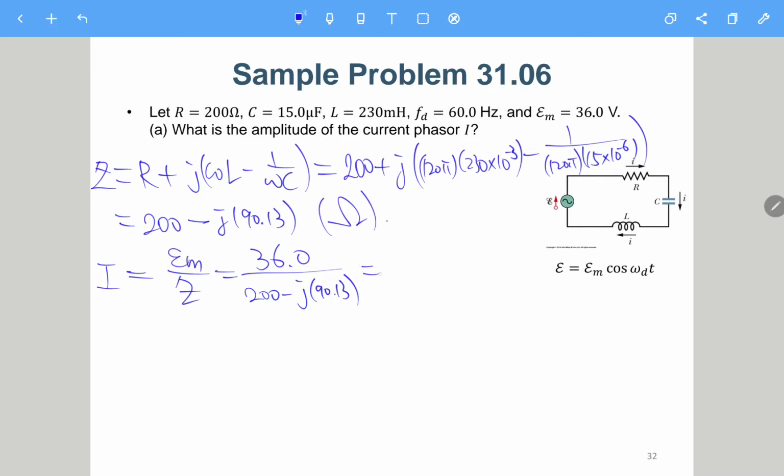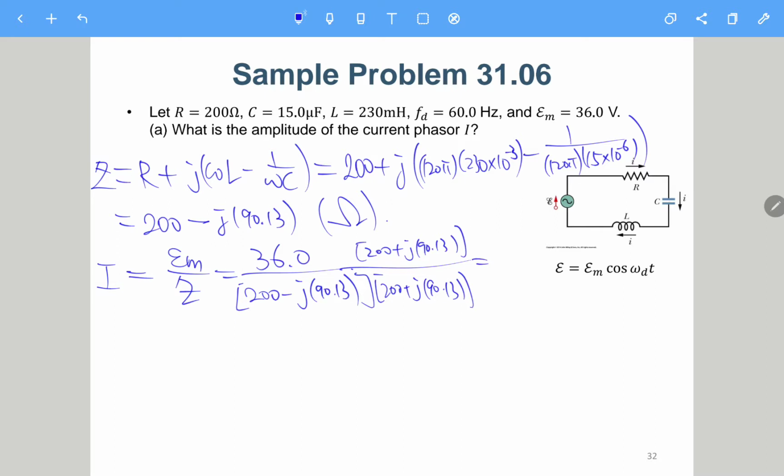But if your calculator doesn't have, you can try to multiply by the complex conjugate, which is 200 plus J 90.13 and then 200 plus J 90.13, like this. And then this is a squared minus b squared. So minus J squared will be minus 1. So this term will become 200 squared plus 90.13 squared.